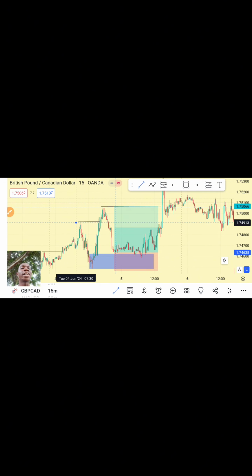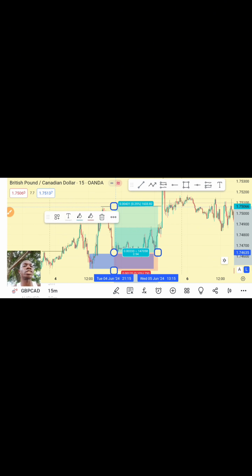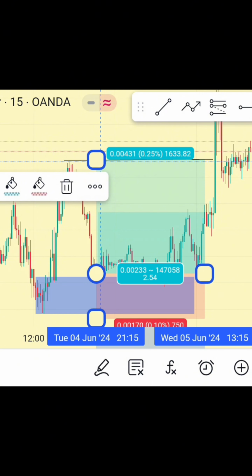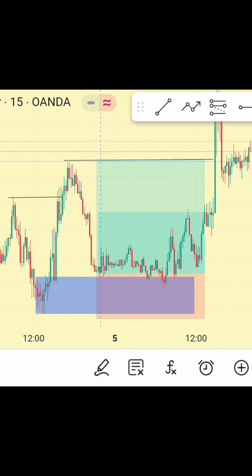So you can agree with me that this market created a break of structure in the direction of our order flow, or our trend. We waited for the market to return to this order block zone, then we placed our buy and it took us in and hit our TP. Now this setup had a risk-to-reward of 2.5, meaning we risk 1 to make 2.5 R.